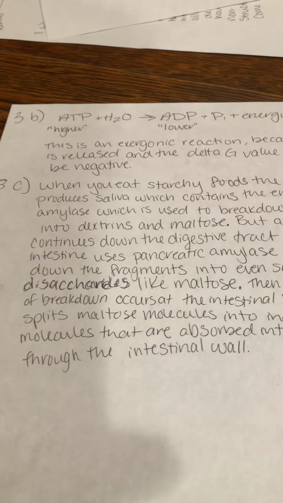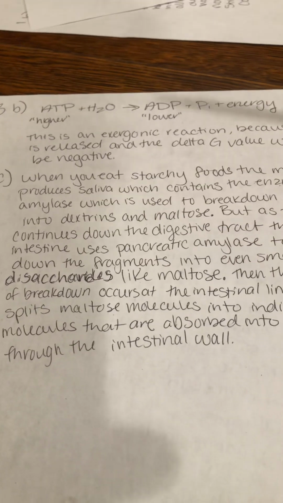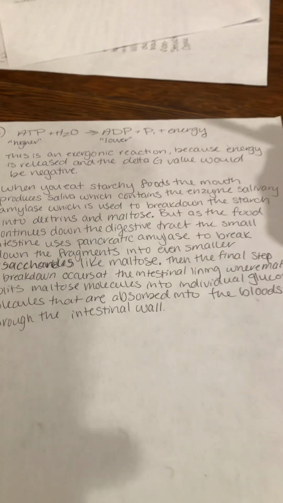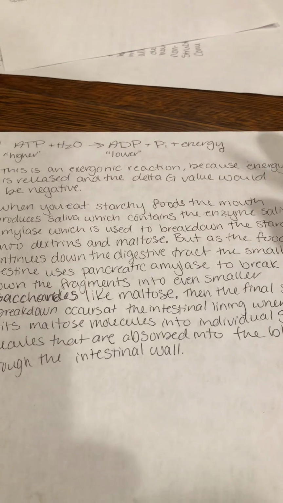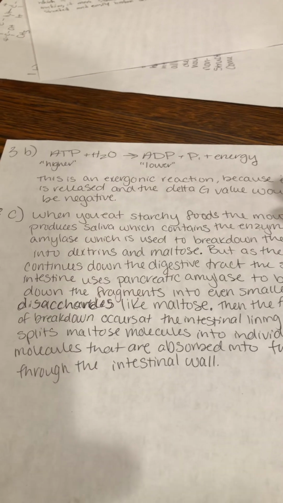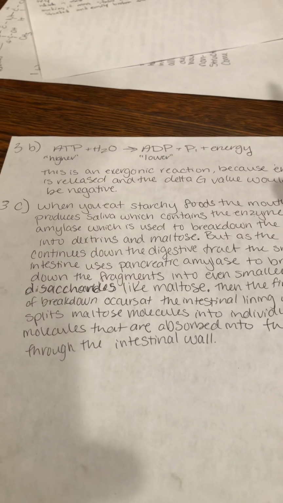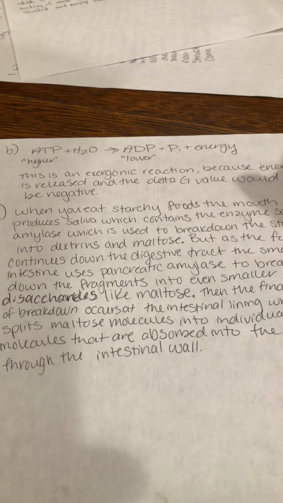3C. When you eat starchy foods, the mouth produces saliva containing the enzyme salivary amylase, which is used to break down the starch into dextrins and maltose.